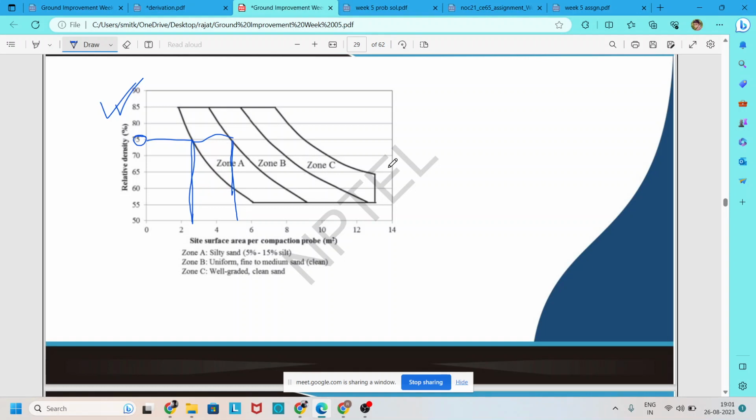So we assume that our tributary area is 4 meter square for this problem.